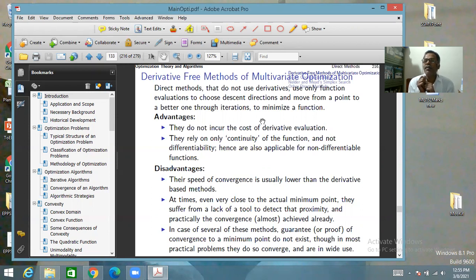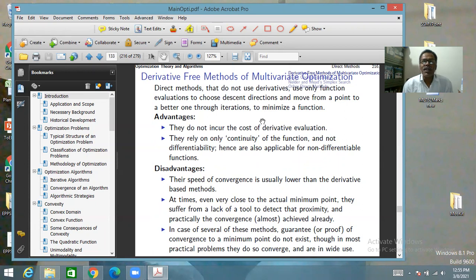This feature we have also noticed in the derivative-free methods of single variable optimization, like bisection, then Fibonacci search, golden section search, that unless and until the bracket gets squeezed, it doesn't know that it is actually sitting at the minimum point.